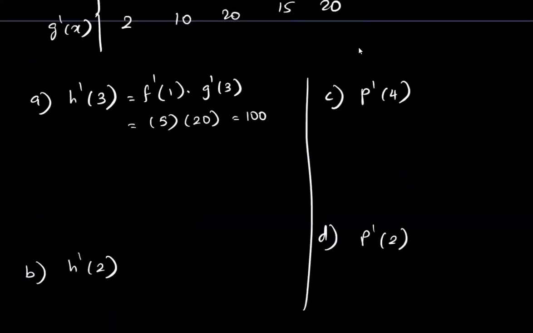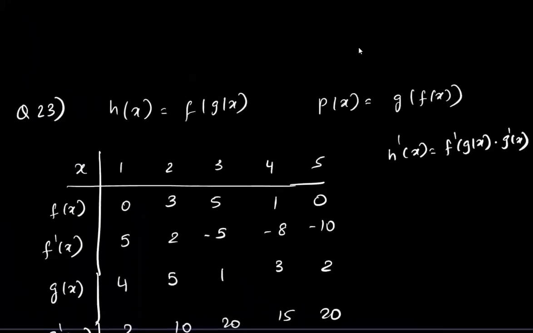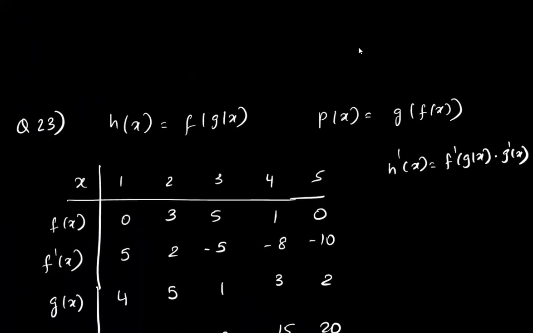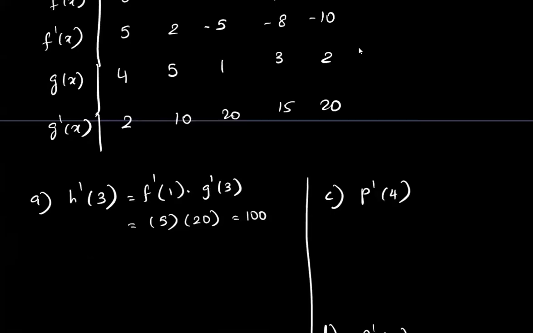Okay. So likewise, how do I do H prime at 2? H is F composed with G, correct? So this would be F prime at G of 2 times G prime at 2. Now what is G of 2?